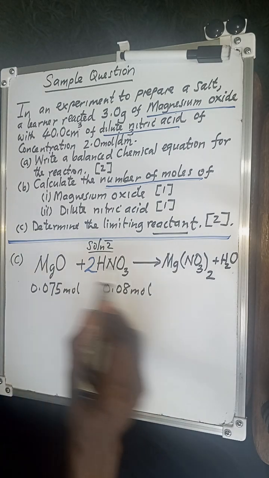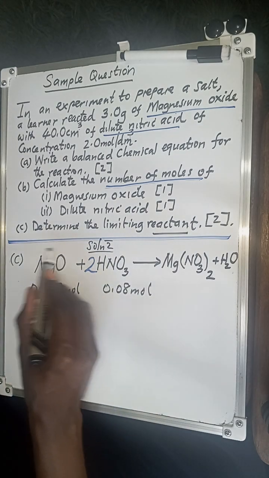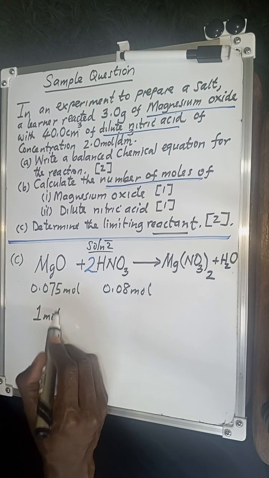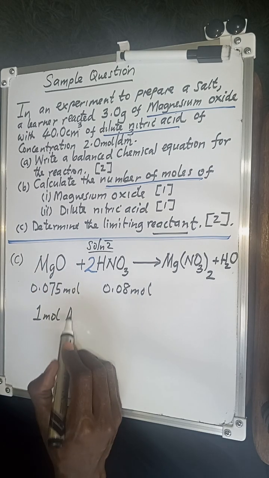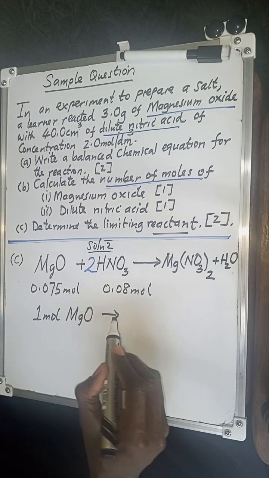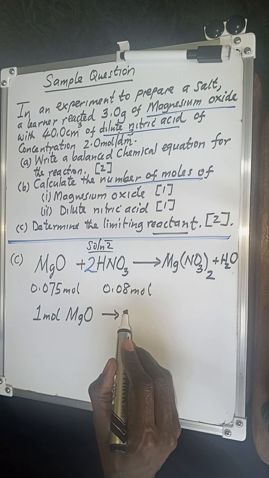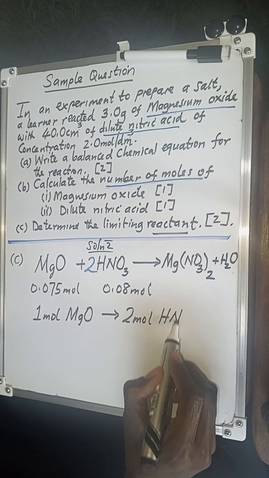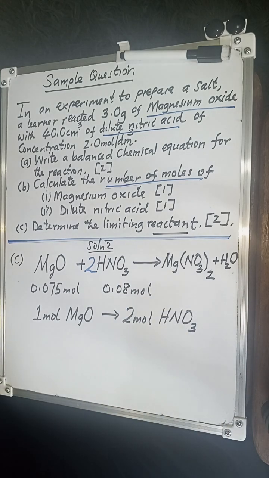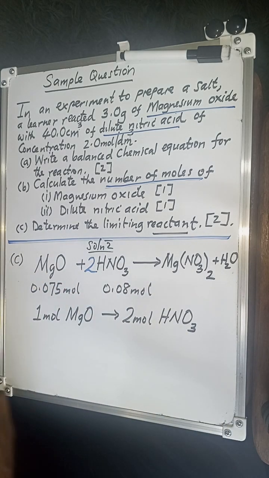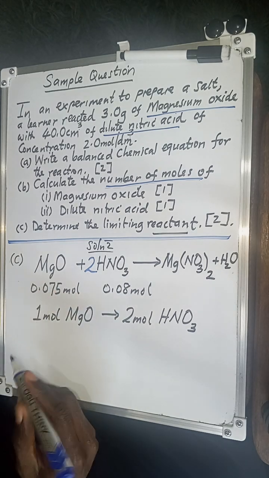So from the balanced chemical equation here, how many moles do we have for magnesium oxide? We have 1 mole. From the balanced chemical equation, 1 mole of magnesium oxide requires how many moles of nitric acid? It requires 2 moles of nitric acid. You can use either one, but let me just use this one here.